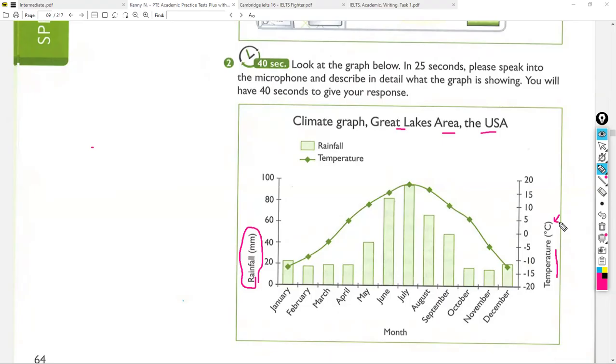And we have the months here, so we can see January, February, March, April, May, from January to December.